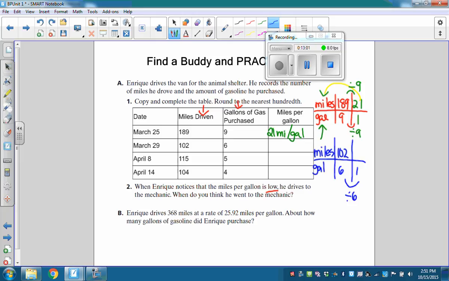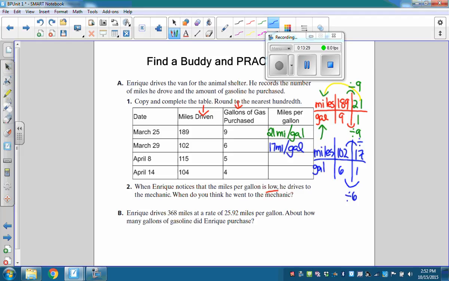And when I do that, up here I get 17. I'll be your human calculator. So what's the unit rate, Maggie? 17 miles per gallon. Why is it a unit rate? Why, JT? It's per gallon. Per 1 gallon, because there's a 1 in it.